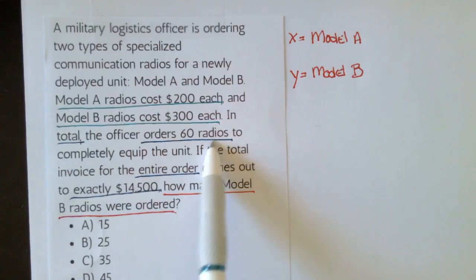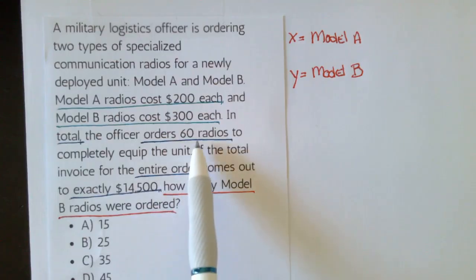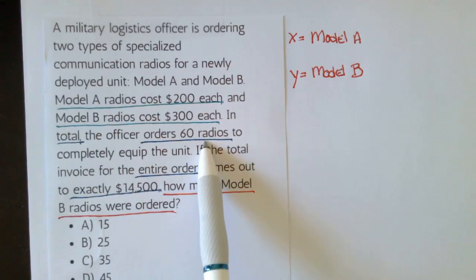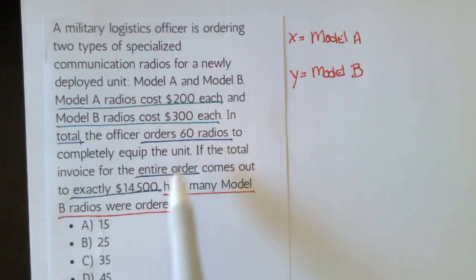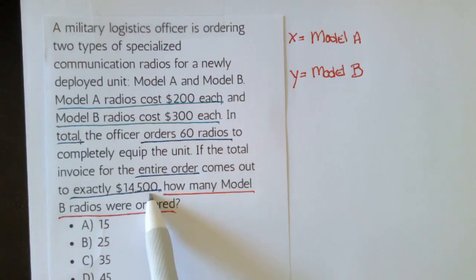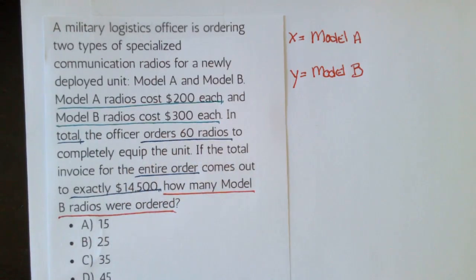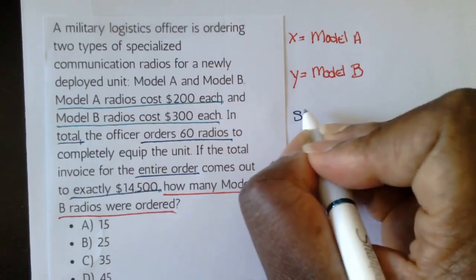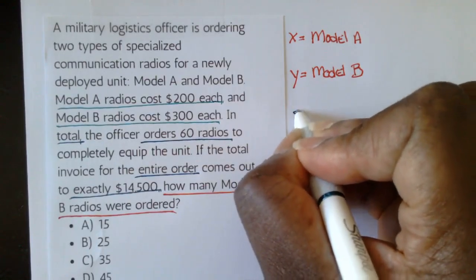Whatever they total, that's kind of giving you the hint that we're going to have two equations. One equation is going to be about the radios, and the other equation is going to be about the money. So when we look at our two equations, we can do our radios first and then our money.